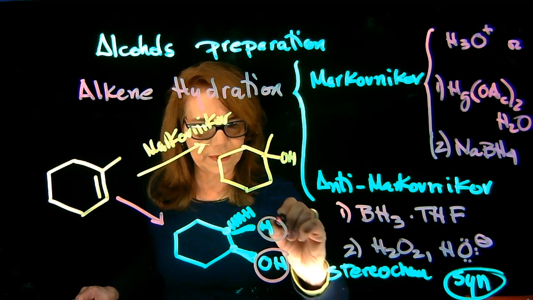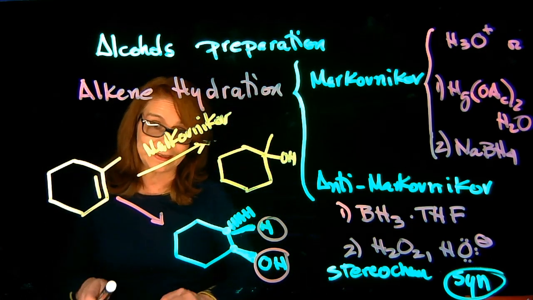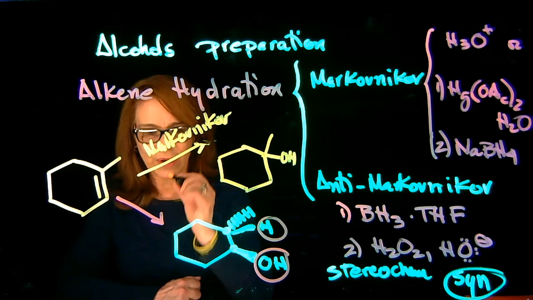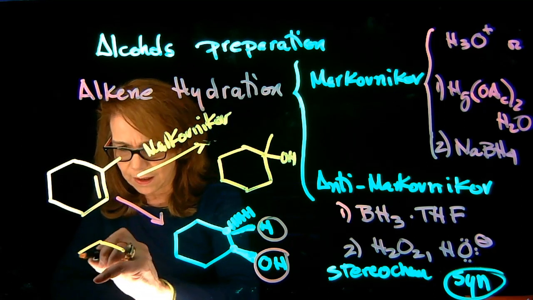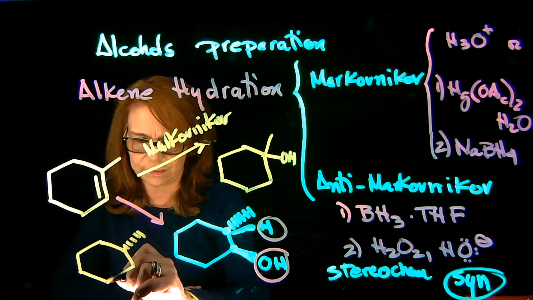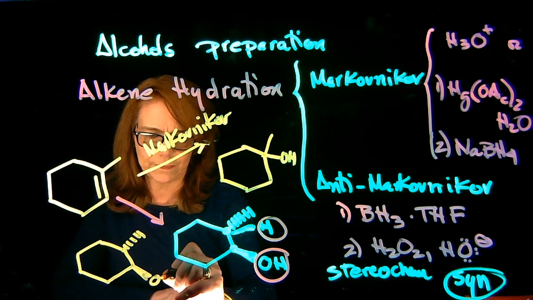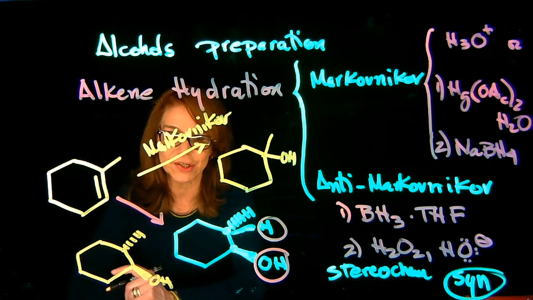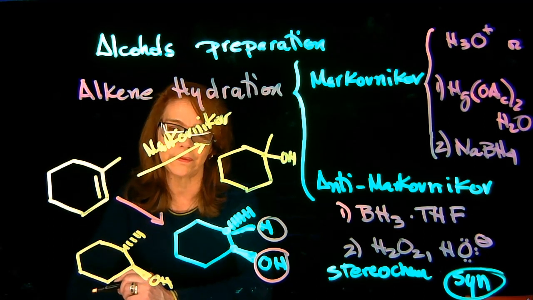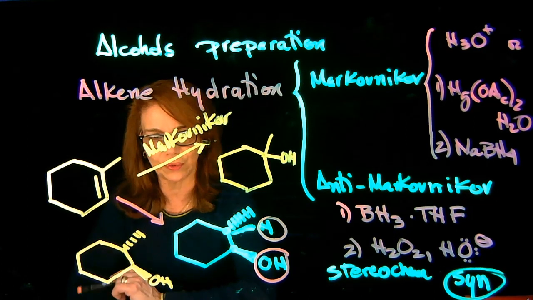Same side, we said it's syn. Typically, we don't see the H in the drawing. So what you see drawn in books is that the H is on a wedge, so it is on the same side. It would be wrong to put, for example, two wedges or two dashes.